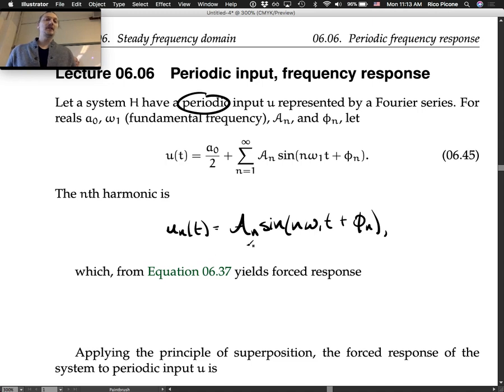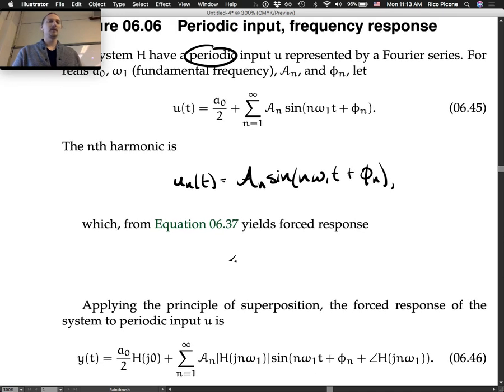And from equation 6.37, I'll remind us that that equation tells us that for a sinusoidal input to a linear system, we get a sinusoidal output, with the frequency response function magnitude scaling the amplitude of the input sinusoid, and the phase of the frequency response function adding with the phase of the original input sinusoid.